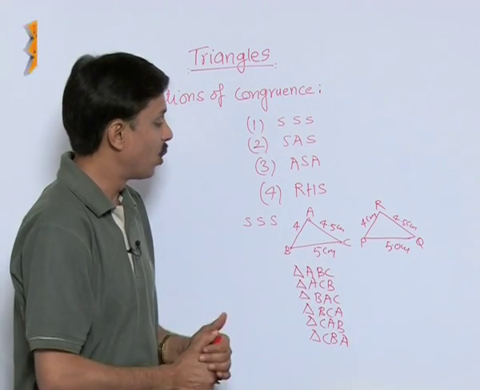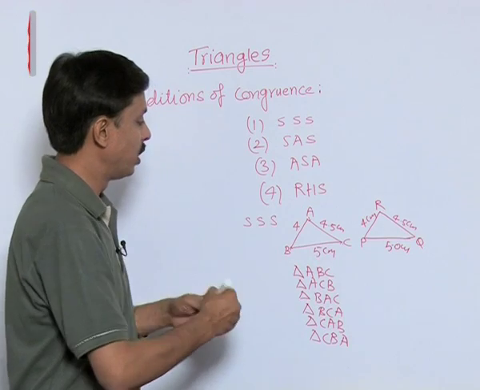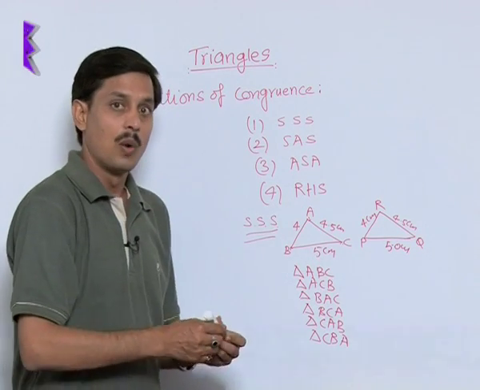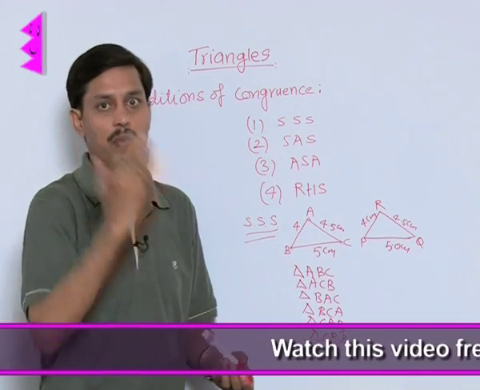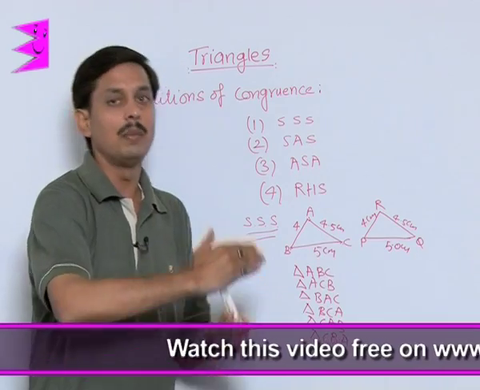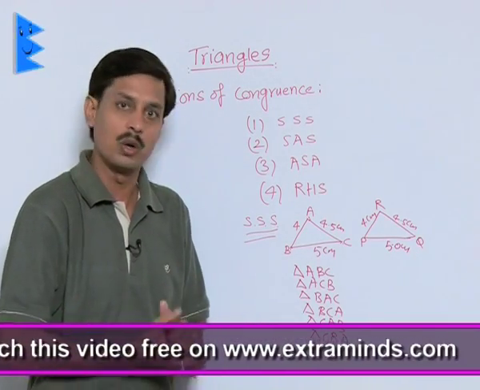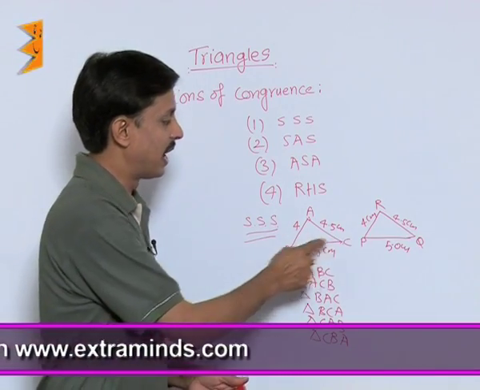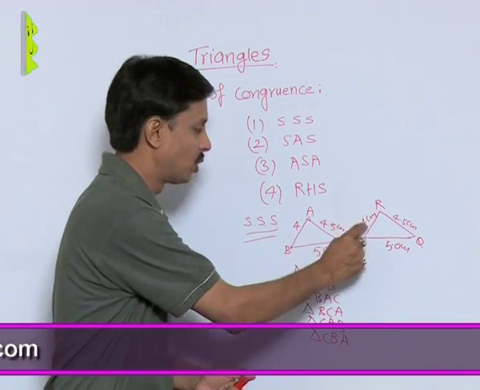Now I am explaining to you the condition SSS, side, side, side. What does side, side, side stand for? If 3 sides of the first triangle are respectively equal to 3 sides of another triangle, then the triangles are said to be congruent, which is very clear from this: this is 5, this is 5, this is 4.5, this is 4.5, this is 4, this is 4.